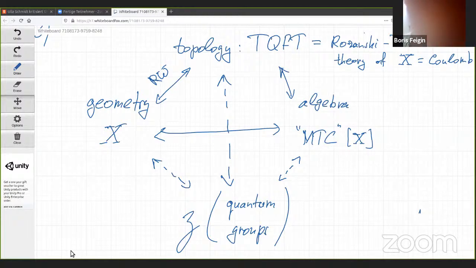Yes, so each term in the K infinity expansion gives us Rosansky-Witten type theory. Yes.